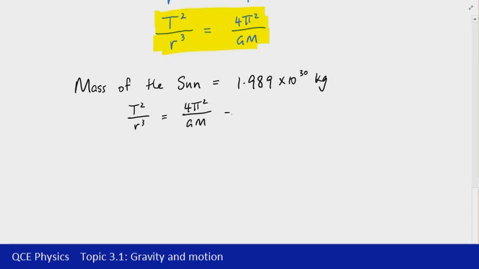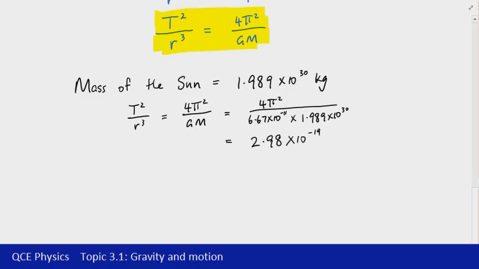If we substitute in what we know there on the right hand side, 4 pi squared over 6.67 by 10 to the negative 11, that's the universal gravitational constant, multiplied by the mass of the Sun, 1.989 by 10 to the 30, the value that we get out from that calculation is 2.98 by 10 to the negative 19.